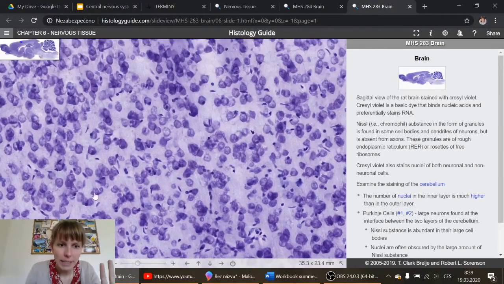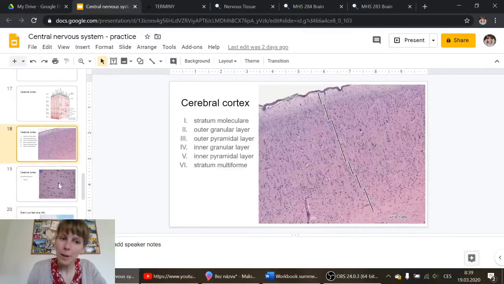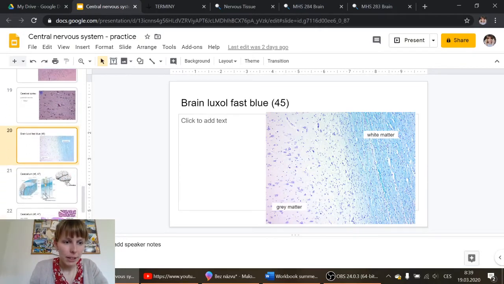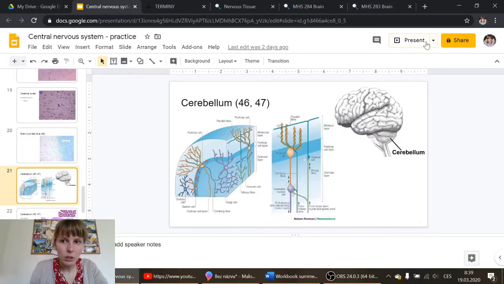This is how the brain cortex in Nissl stain in a rat brain would look. This is hematoxylin eosin, and what we saw just now was the Nissl stain. Hematoxylin eosin gives us more information, I would say, because you see the whole cytoplasm pretty nicely. But never mind, let's continue to the cerebellum.